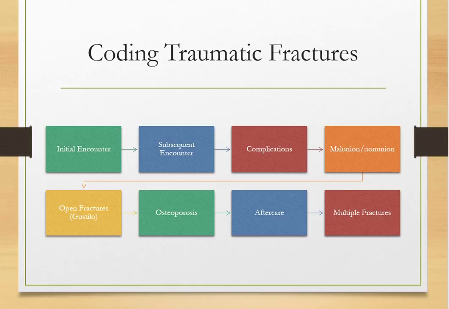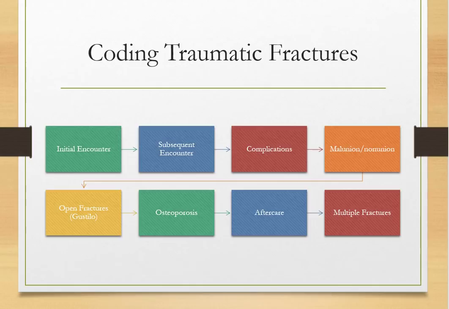After active treatment of the fracture, and after active treatment means that the patient is receiving routine care for the fracture during the healing or recovery phase. Now, when we're talking about care for complications of surgical treatment for fracture repairs during the healing or recovery phase, those should also be coded with the appropriate complication codes.